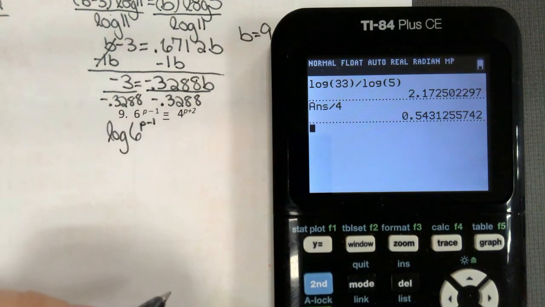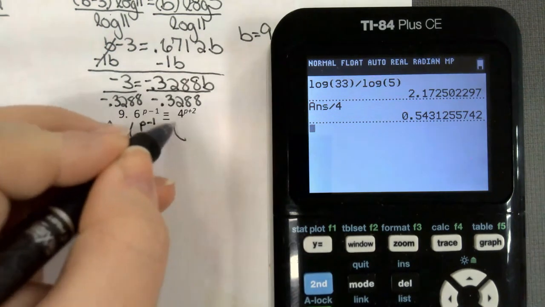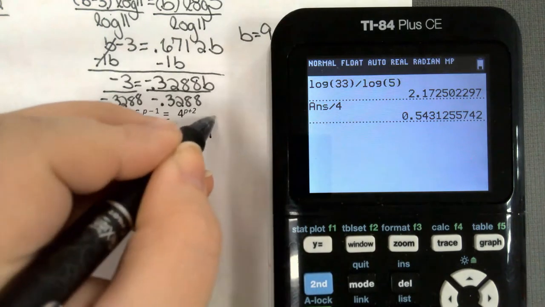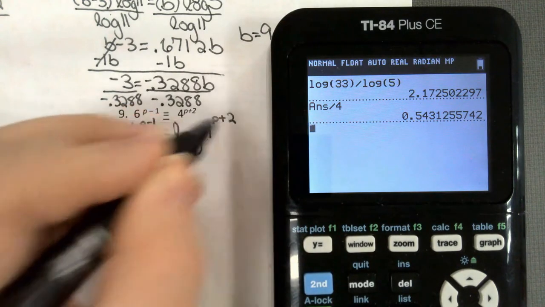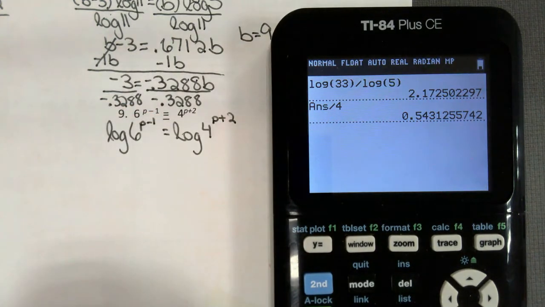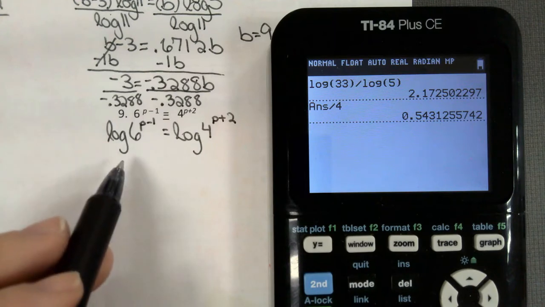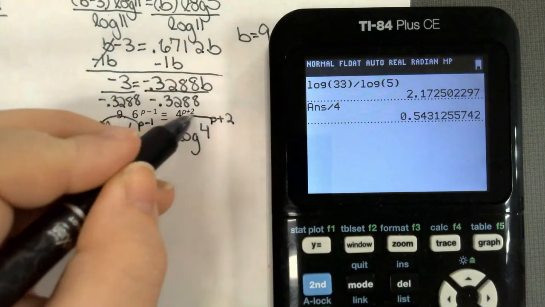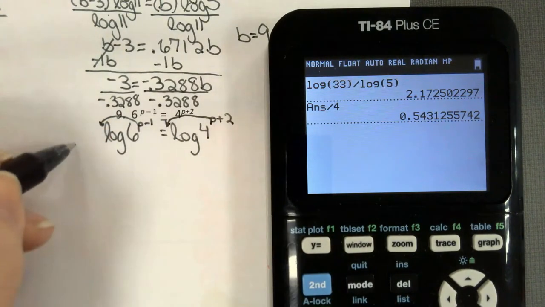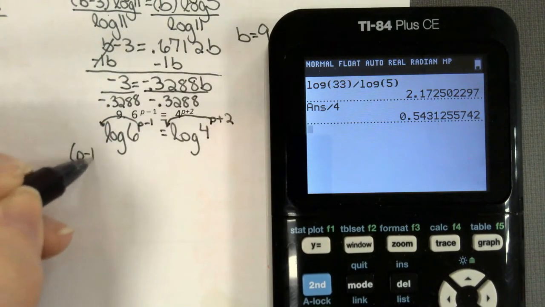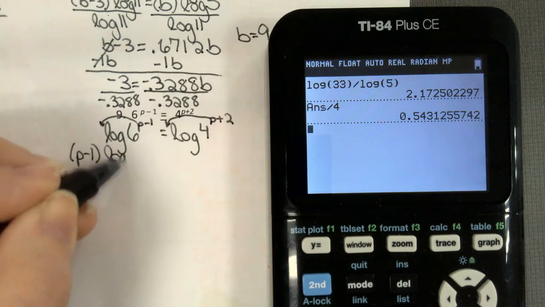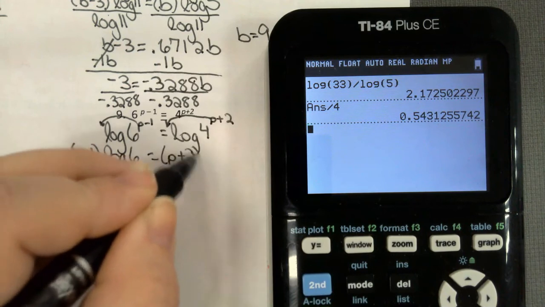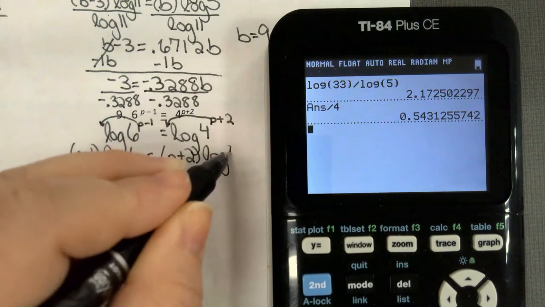Log of 6 to the p minus 1 equals log of 4 to the p plus 2. We need to move that exponent to the front. Parentheses, p minus 1, log of 6 equals parentheses, p plus 2, log of 4.